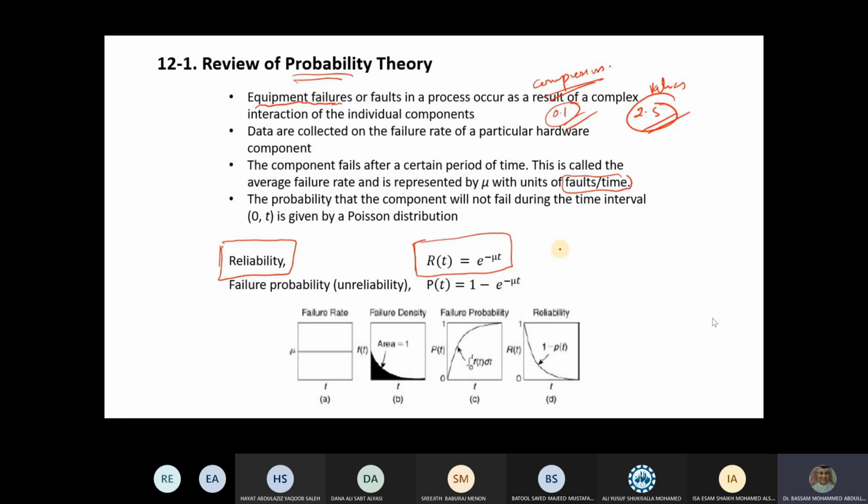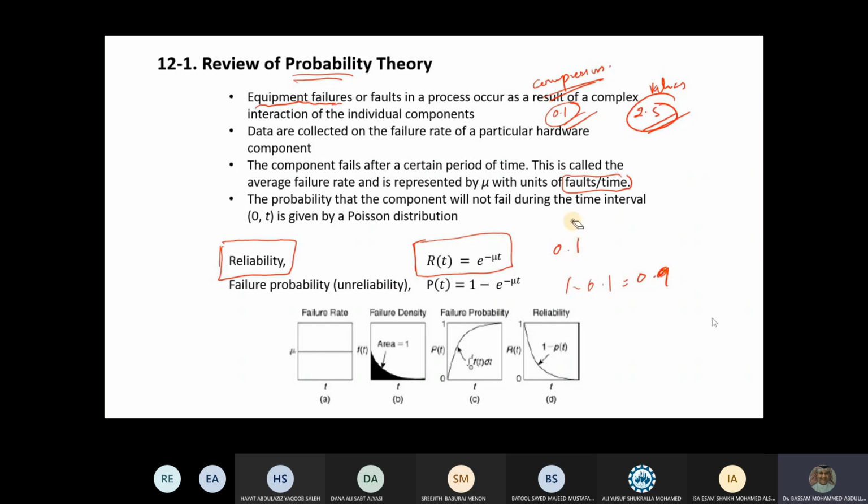So if something is only 0.1 reliable, that is not very reliable, right? If it's only 0.1 reliable, what is the probability of failure? The probability of failure is very high, which is 0.9. I hope you got the idea.